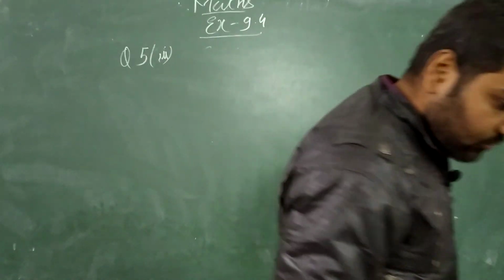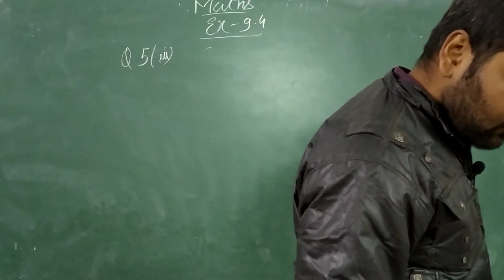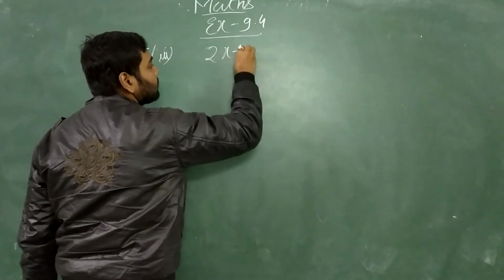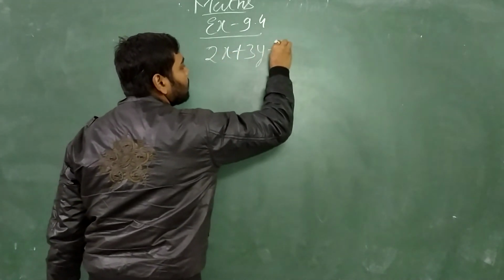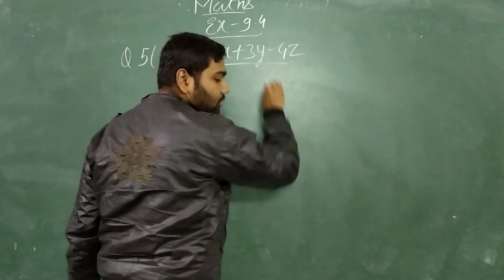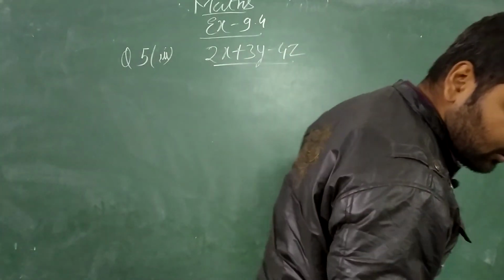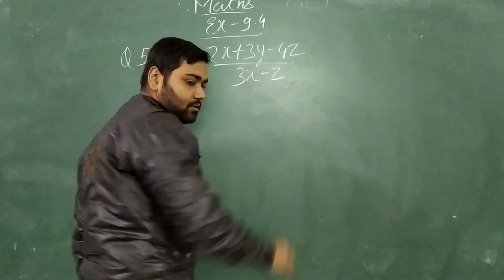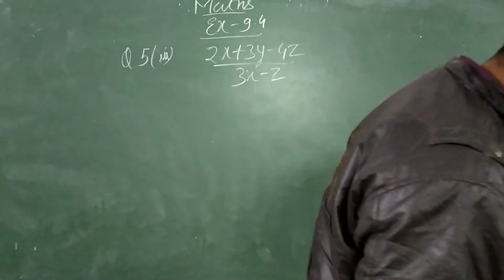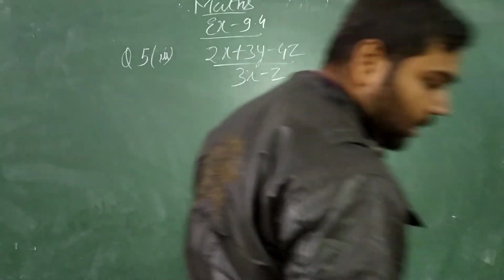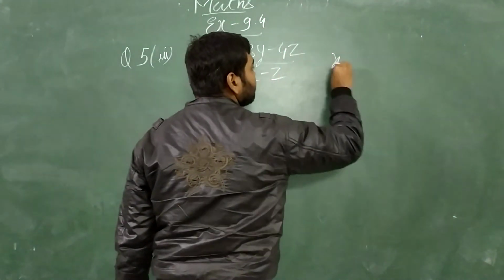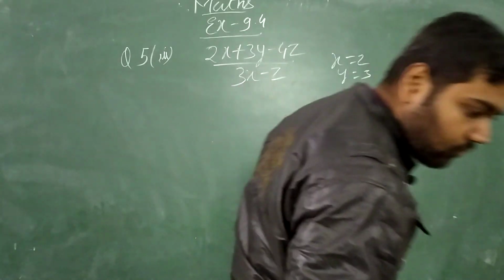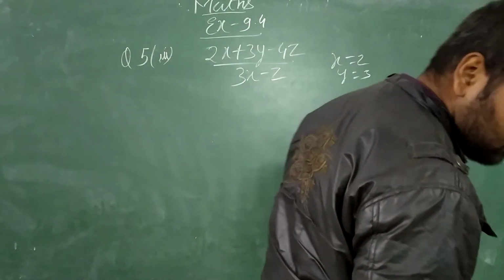Okay. Now see here, the question is 2x plus 3y minus 4z upon 3x minus z. Now see here, the value of x is 2, y is 3, and the value of z is minus 1.